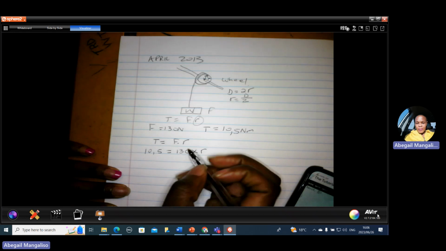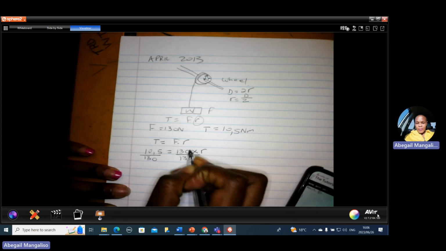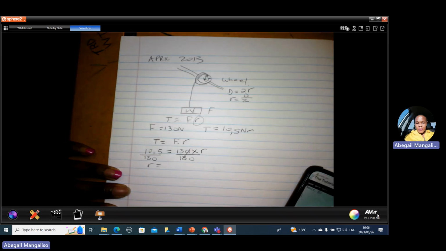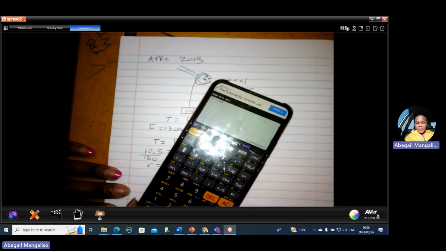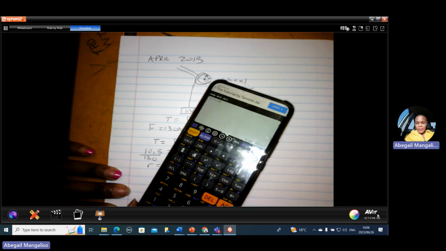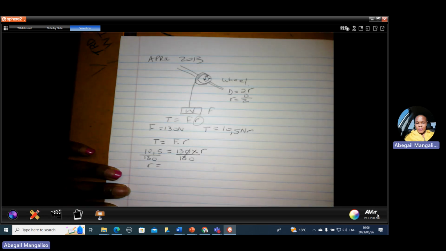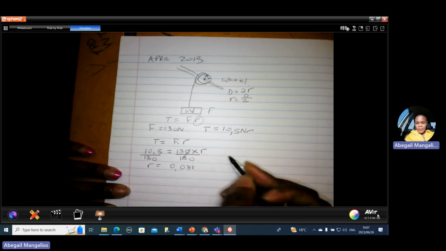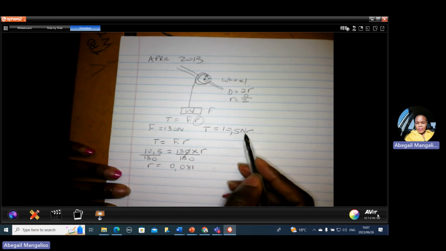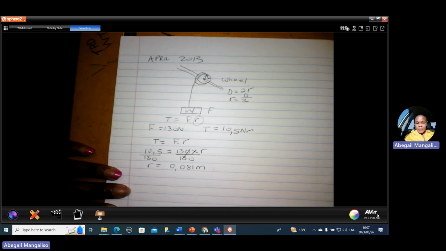So you divide both sides by 130. The radius will be equal to 10.5 divided by 130, which is 0.081, to 3 decimal places. It will be in meters because the torque is in Newton meter and the force is in Newton.